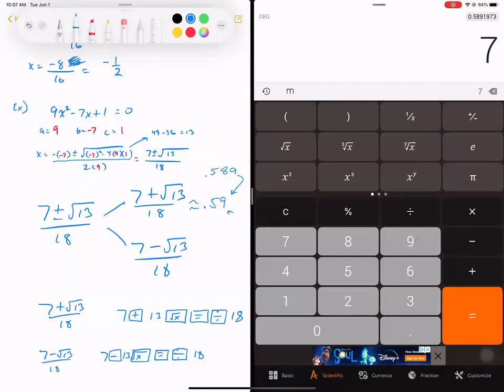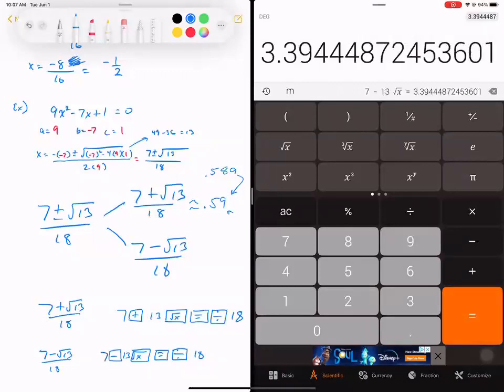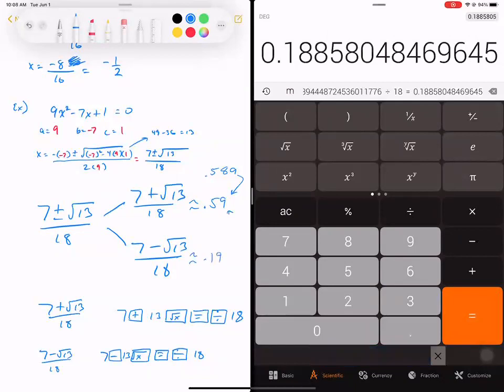So 7 minus 13 square root equals, then we divide this by 18. And our answer here is approximately 0.19, because it's 0.188, and we're going to round up. Okay, so if you round correctly, you'll get these answers in IXL.